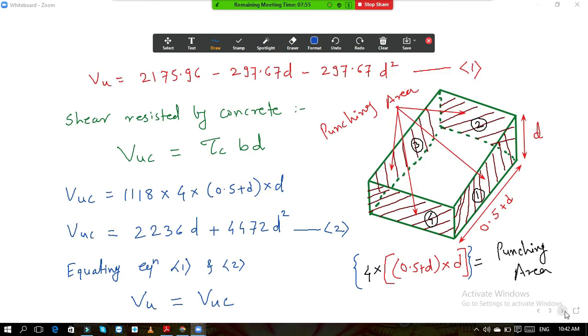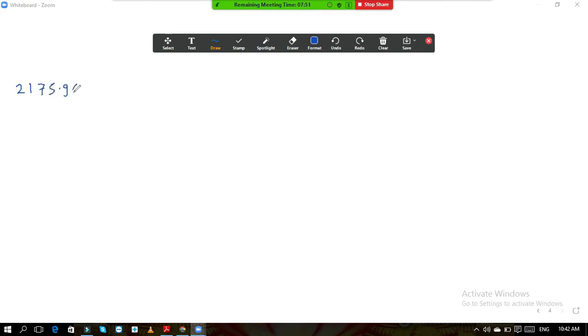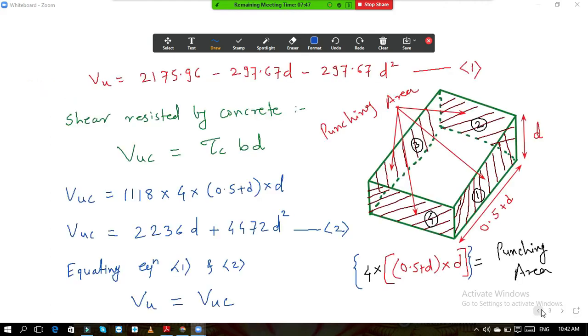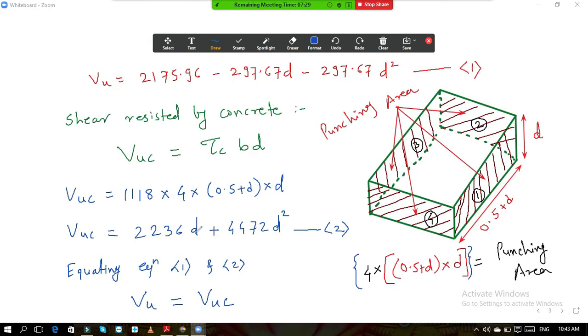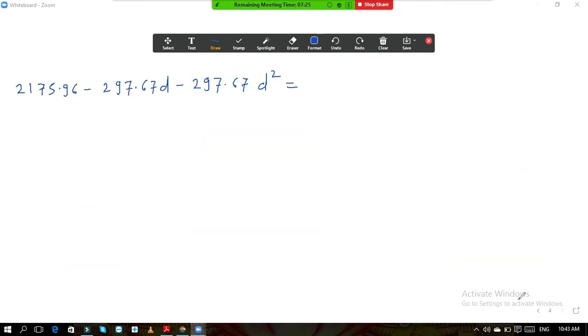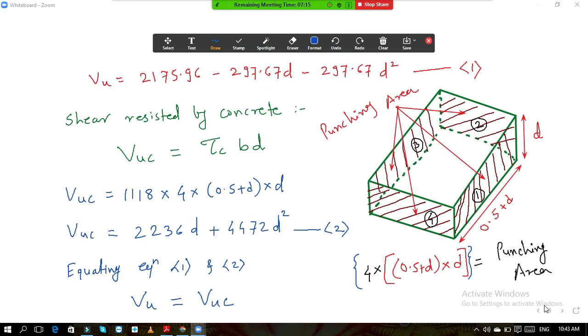So now if you write both the equations and solve them, the equation is 2175.96 minus 297.67D minus 297.67D square, that must be equal to 2236D plus 4472D square.